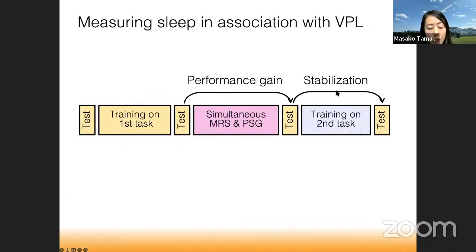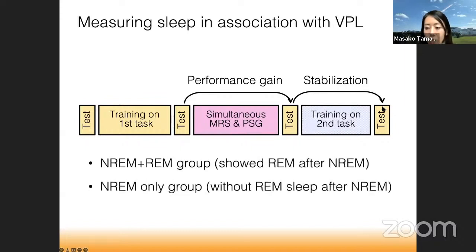And we measured the amount of stabilization of learning by the test sessions conducted before and after the second task. Subjects were further divided into a REM group and an NREM-only group, who showed no REM sleep, to investigate the effects of REM sleep on learning.